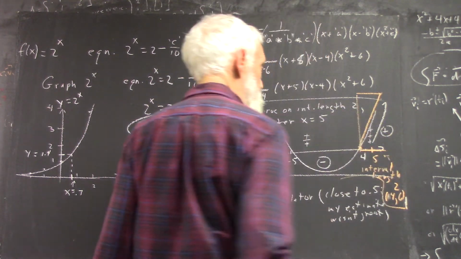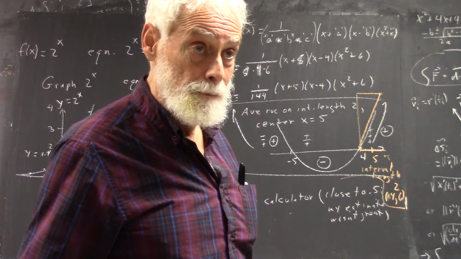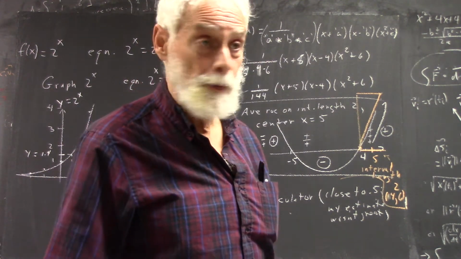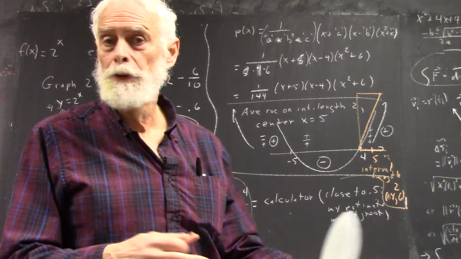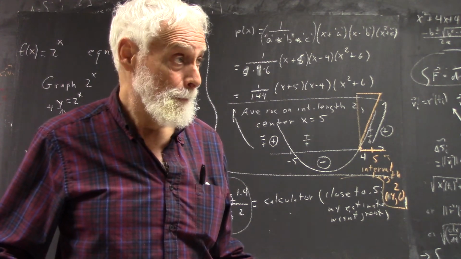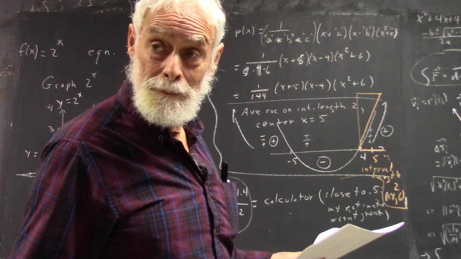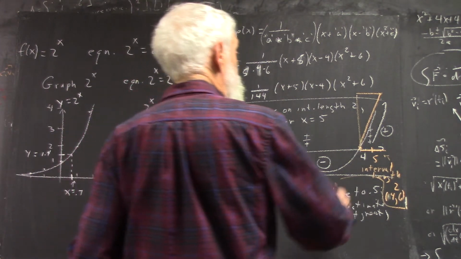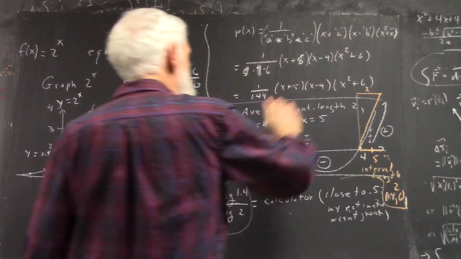Its run is what? 2. Okay? I remember you've had problems for weeks where I ask you to find the average slope or construct the fundamental triangle for a given interval, right? That's all it means. You can sketch it, you can reason it out. Your run is 2.